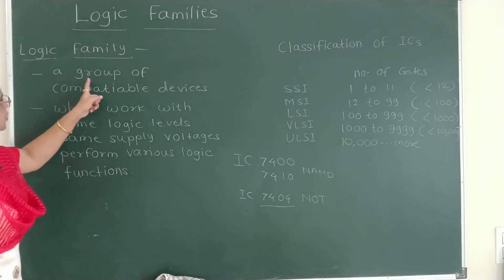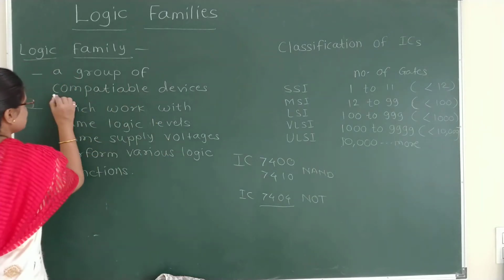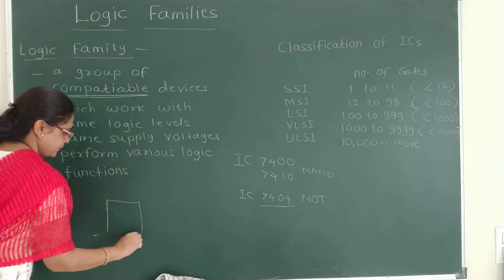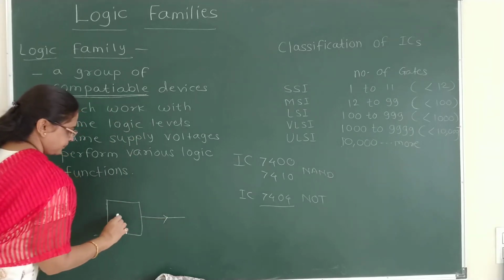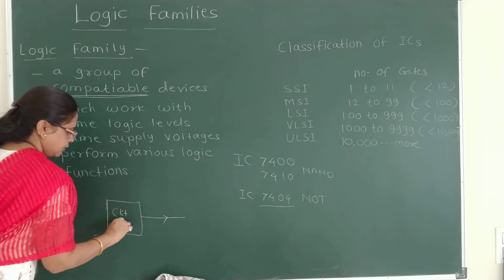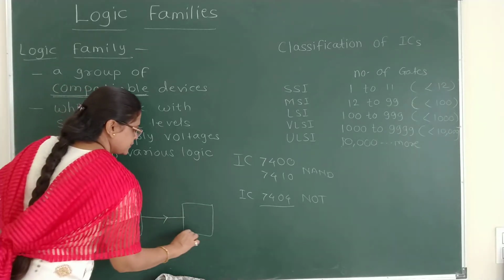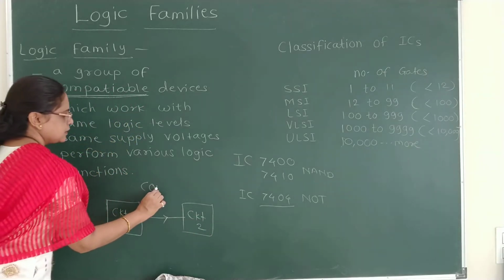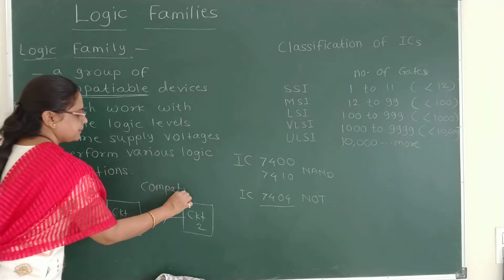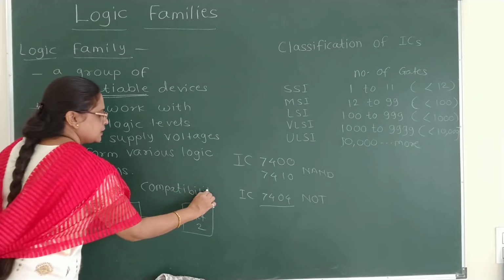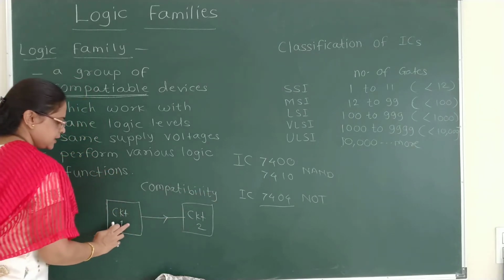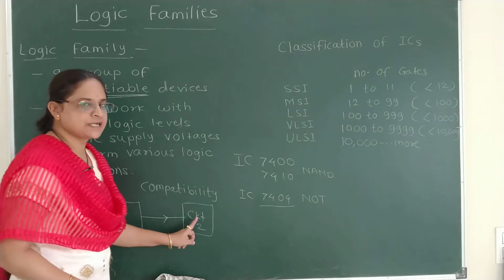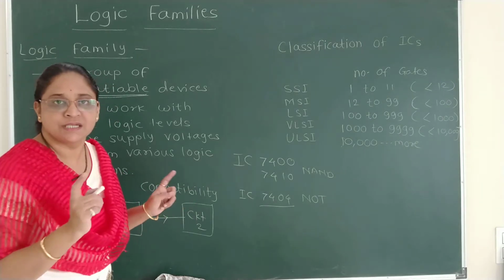So what is a logic family? A group of compatible devices. What is the meaning of compatibility? Compatibility means that when the output of circuit 1 fulfills the requirement of circuit 2, the two circuits are said to be compatible with each other.